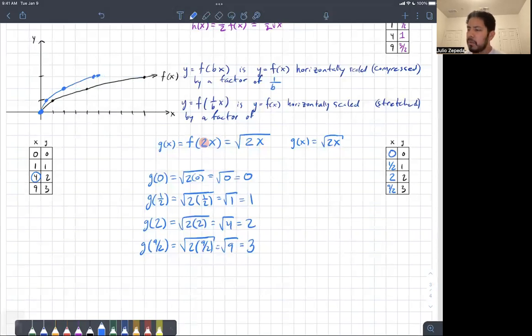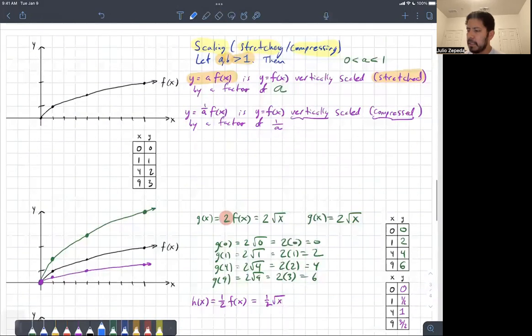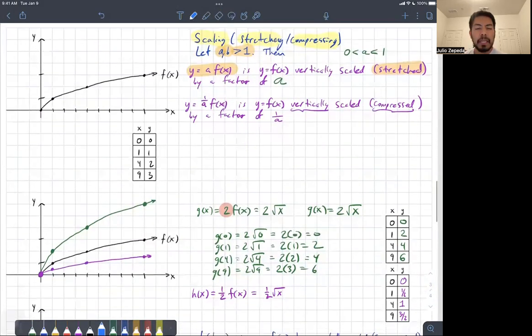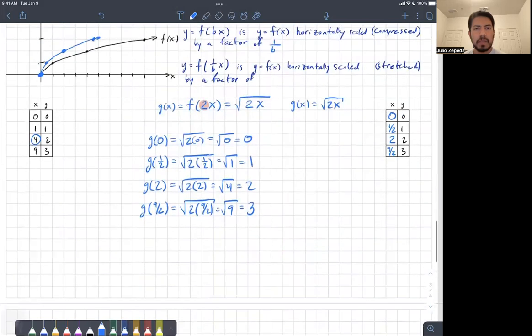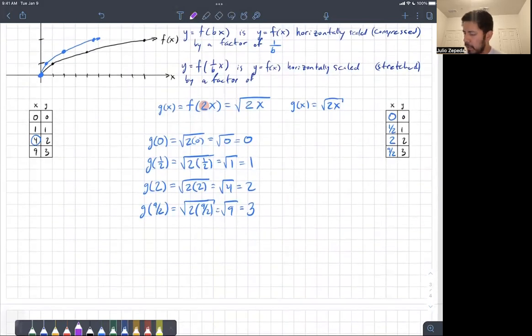So similar to the previous case, if we were to plug in a fraction, so if we were to look at, let's use a different color here, f of 1 over 2x, which is equal to the square root of 1/2 x, we can probably see that in order to take the square root of the number that we plug in, it's going to have to be twice as large as a perfect square.